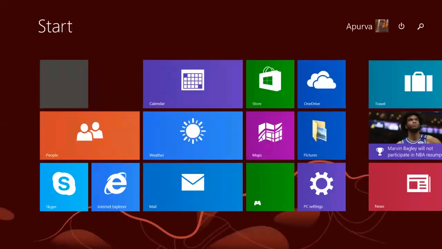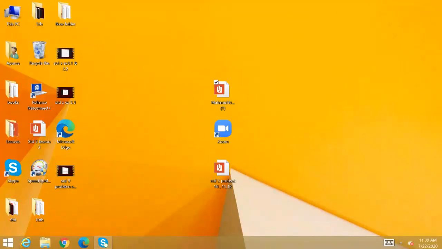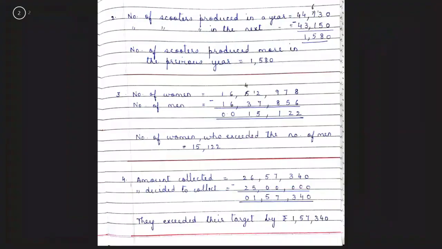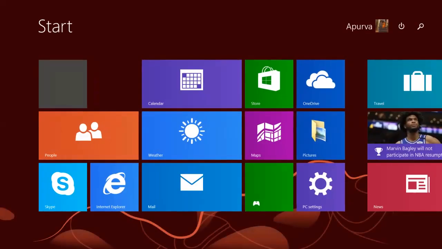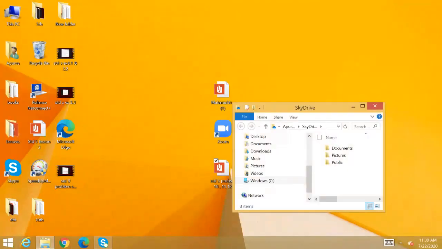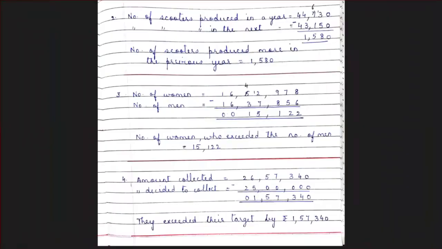You have to find out by how many are women more than men. So we subtract number of women, write down number of men, subtract. You get your answer. Number of women who exceeded the number of men is 15,122.